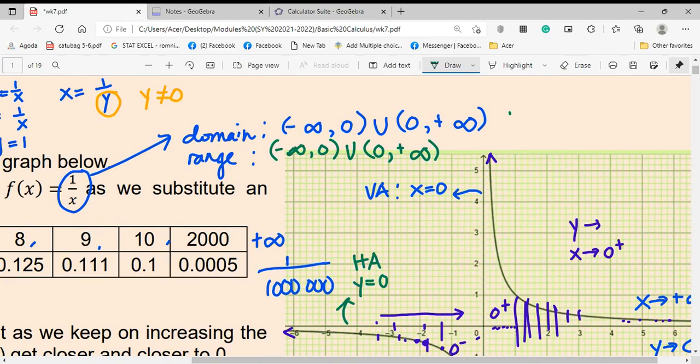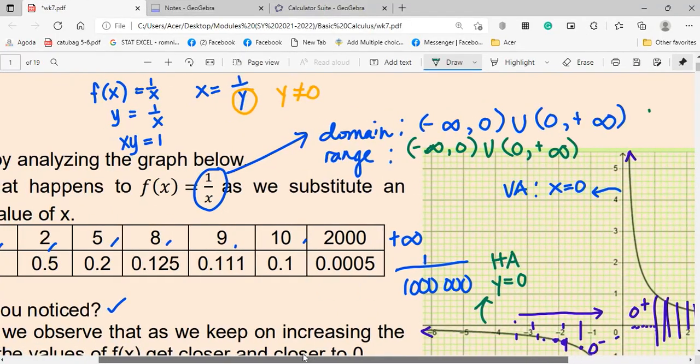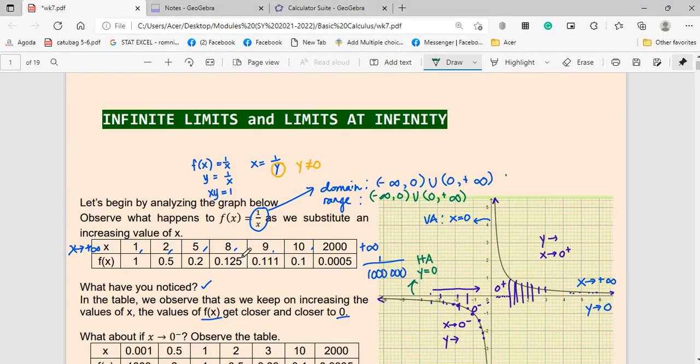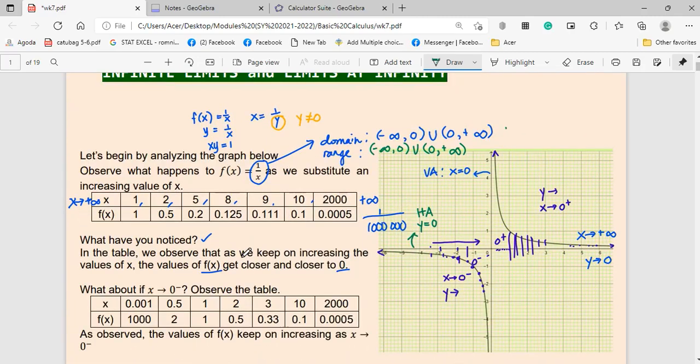Okay, now let's understand more of these infinite limits. Mapapansin mo din daw dito that as x gets closer to 0 from the left, and as x gets closer to 0 from the right, tinan nyo kasi itong movement, it gets closer, no?